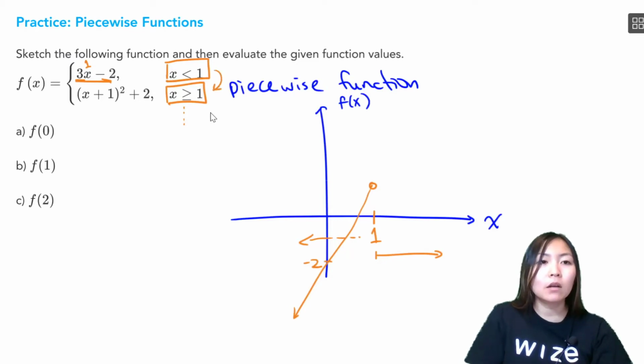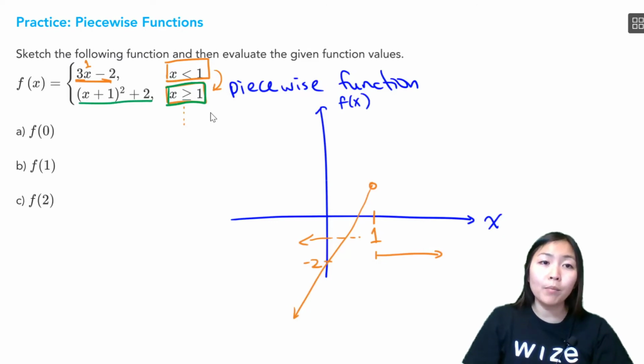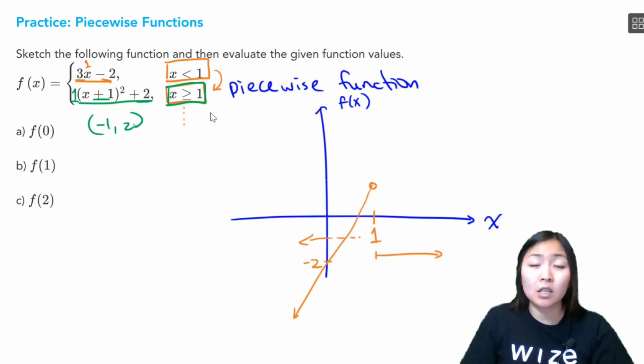Okay, so let's take a look at what this next piece is, which I will do in green. This guy is a quadratic, so it's going to be a parabola. It's going to be opening up because it's positive 1 as the a coefficient. My vertex is going to be negative 1 and 2. So the vertex is going to be to the left of 1, which isn't going to be part of our graph, because we only care about this part of the graph when x is greater or equal to 1.